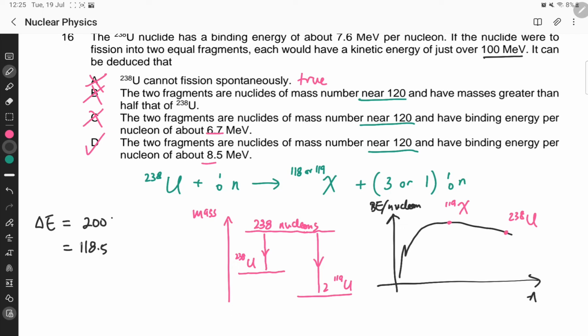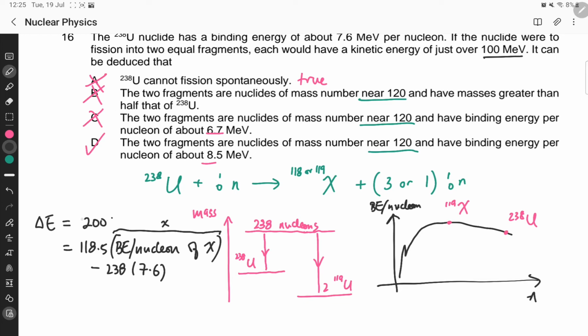Let's just take it as 118.5 since I don't know which one it is. 118.5 times the binding energy per nucleon of X, minus 238 times 7.6.